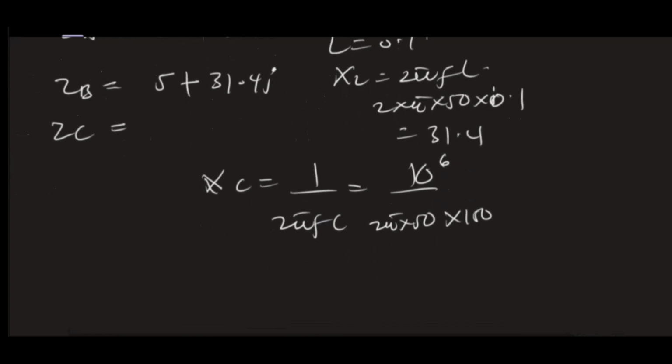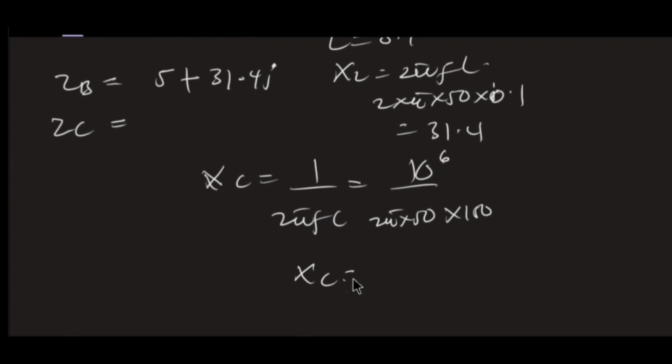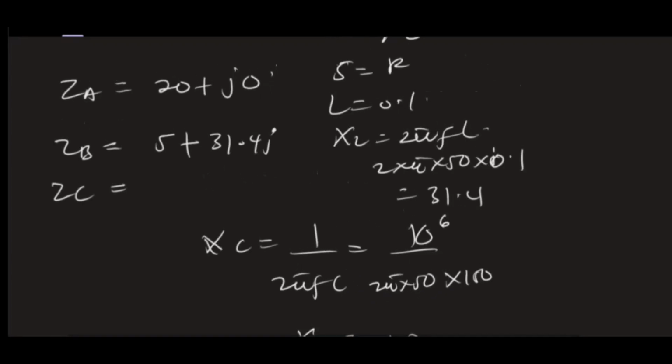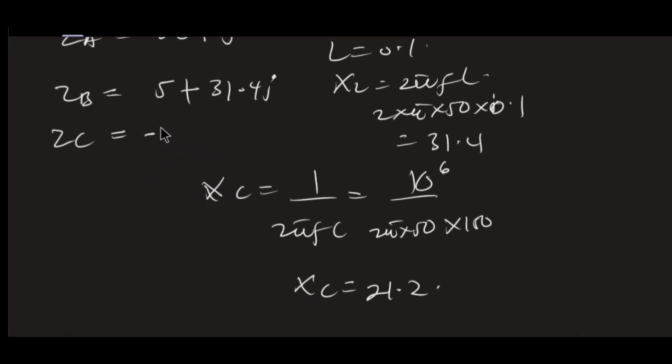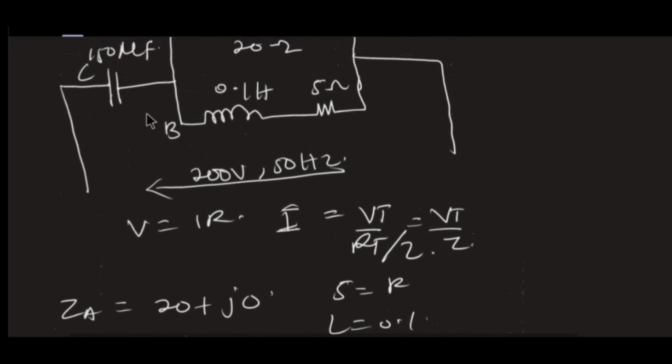So my XC is simply going to give me 21.2. You know that XC always takes the negative J operator, so negative J21.2, and those are my impedances across the various branches.